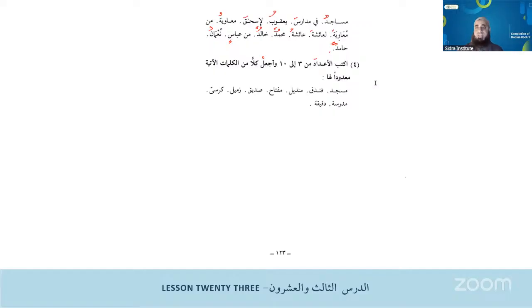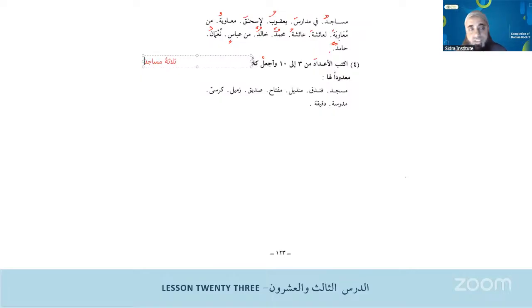And then we have to bring the thing we are counting in the plural form, and it will be majroor, provided it's not ghair munsarif, it'll be with 2 kasra, otherwise it will be with what? Fatha bila tanween. So let's actually just do one as a sample here. ثلاثة مساجد.